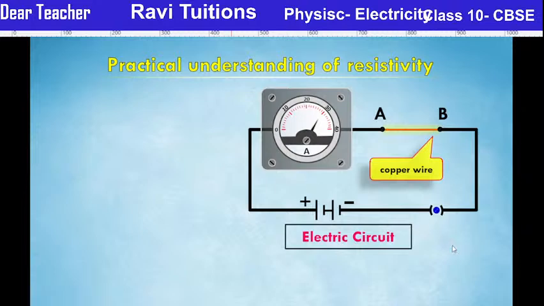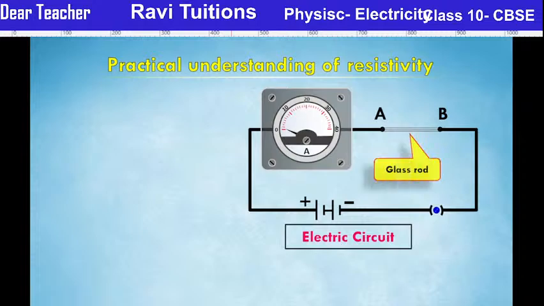So it should be connected to the wire. Say he has connected different wires. First, copper wire: the current is 30 amperes. Next, aluminum wire: the current is 20 amperes.